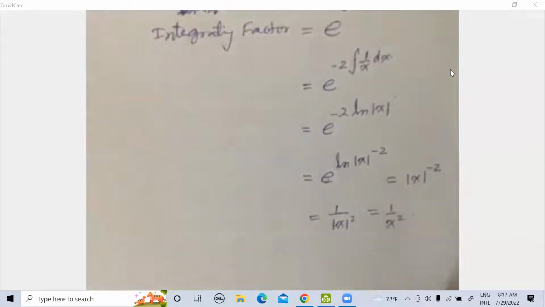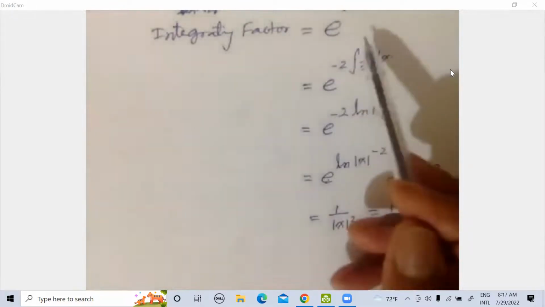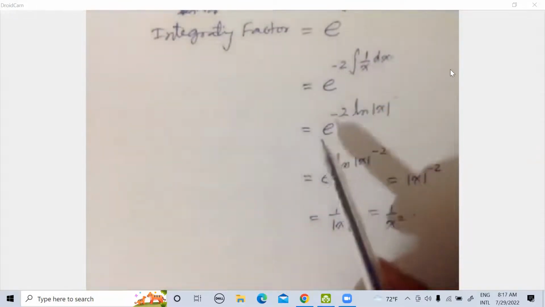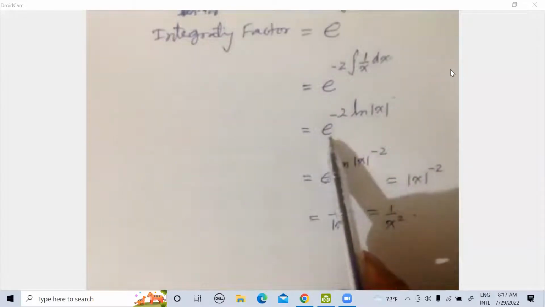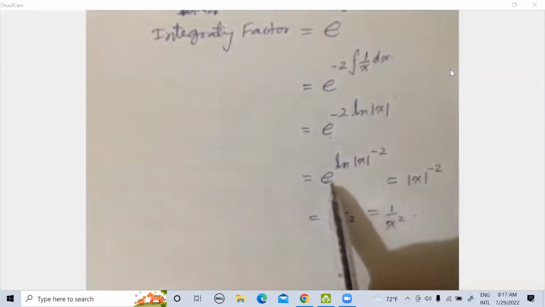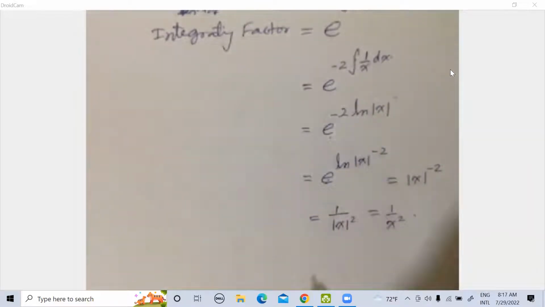So integrating factor, okay, you don't have to write this many steps. If you can straight away integrate, come here, take minus 2 there and simplify. E and ln cancel the effects.